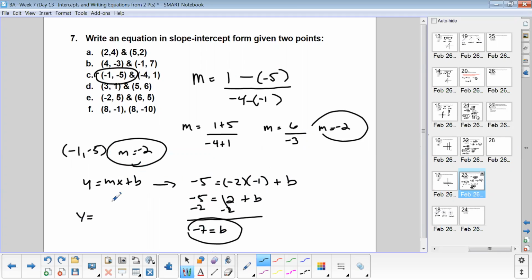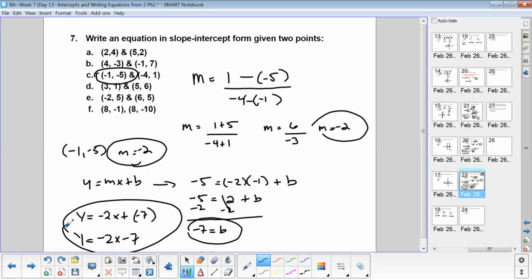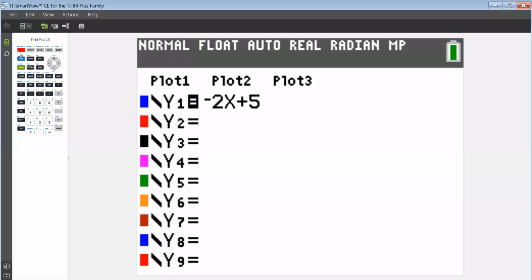Come back over here to write my equation, which will be -2x plus a -7, or y equals -2x minus 7. So you just go to your calculator and type in y equals -2x minus 7.